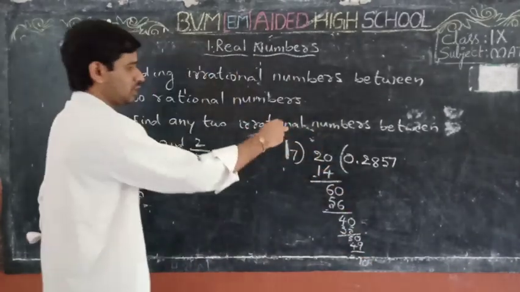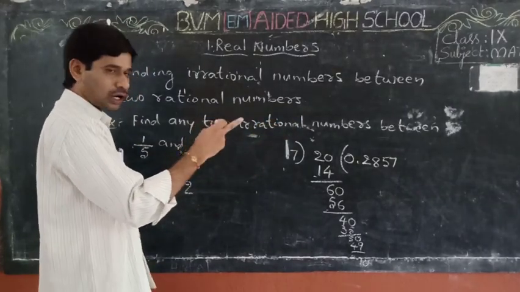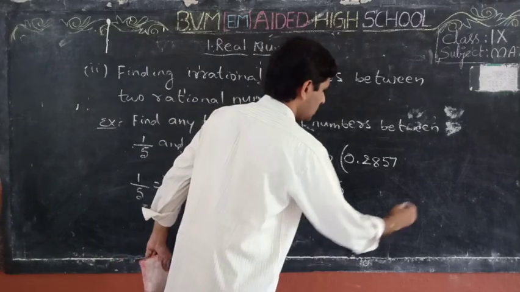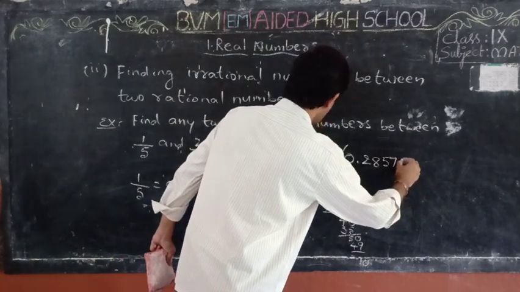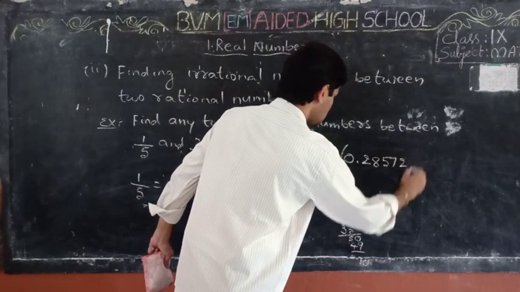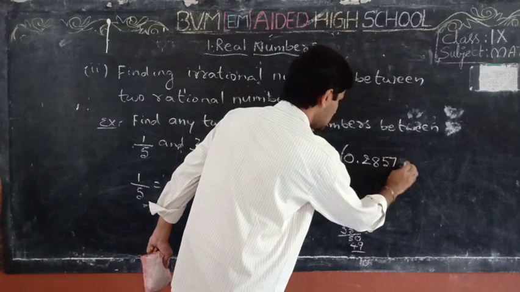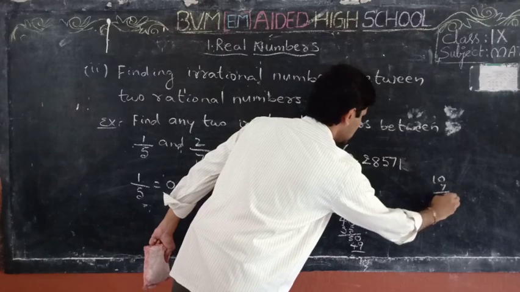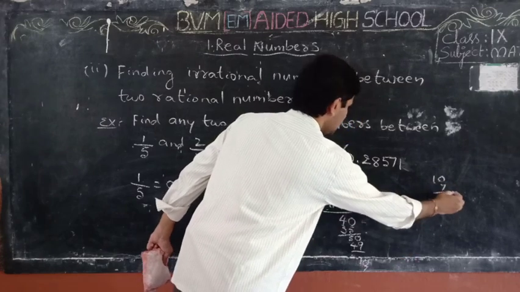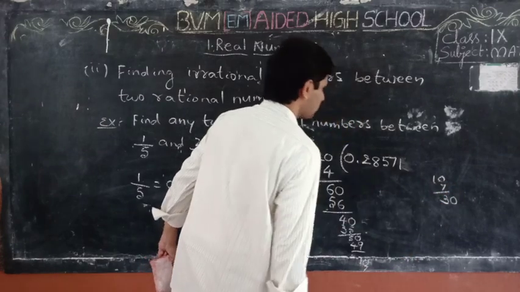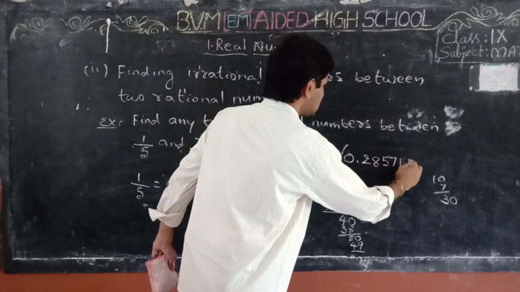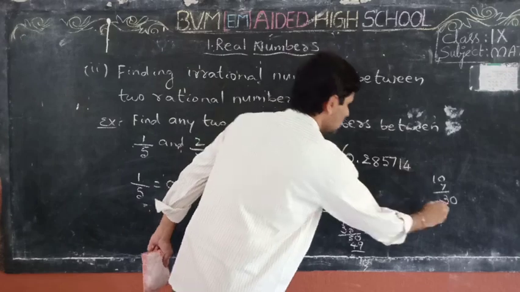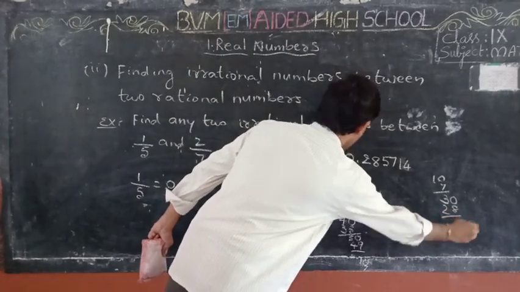Now it is continuing like that. It is a non-terminating recurring decimal. So 10. Now 7 twos are 14, 7 ones are 7. So 10 minus 7, 3. Now becomes 30. 7 threes are 21, 7 fours are 28, 2.